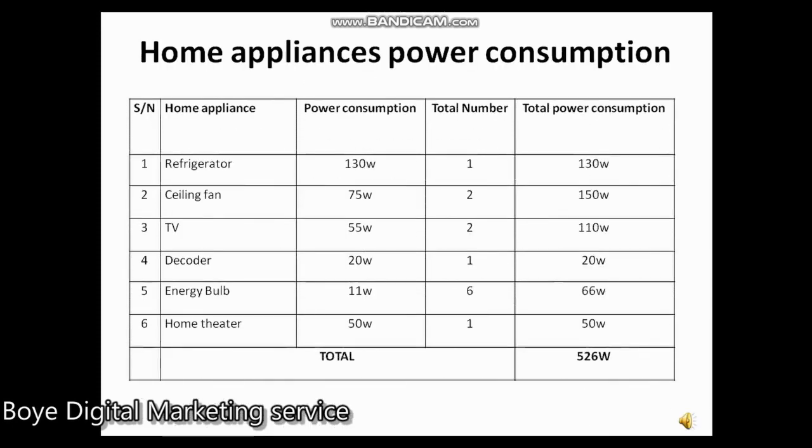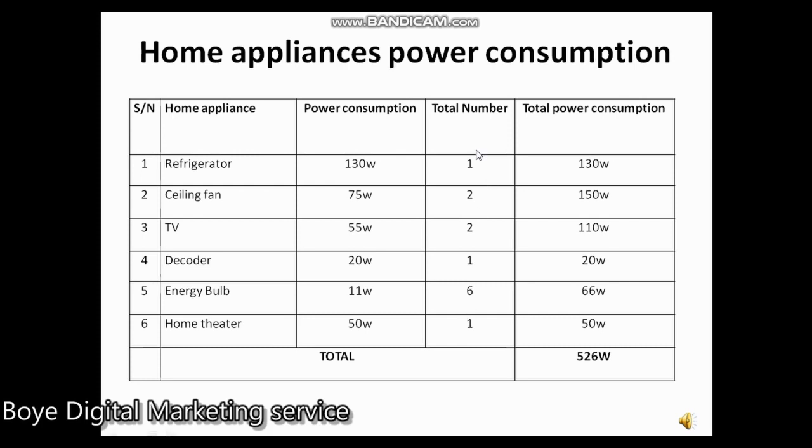Now, based on that, this is, for example, the power consumption of home appliances. For example, a refrigerator has 130 watts, and we have one refrigerator.